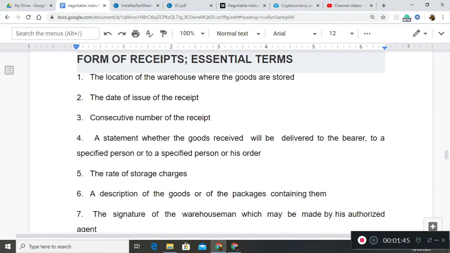The receipt should indicate the location of the warehouse where the goods are stored, the date of issue of the receipt, and a unique number of the receipt. So our warehouseman has a set of warehouse receipts with consecutive numbers. It should also state whether the goods received will be delivered to the bearer or to a specified person or his order.